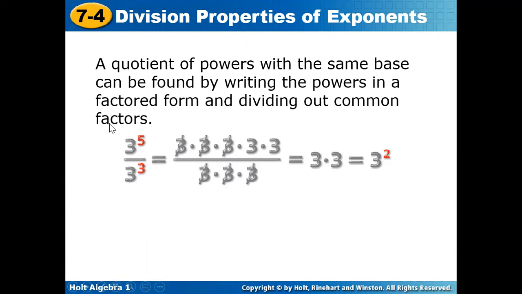And what you've really done is subtracted. So it's the same thing as multiplication. When you multiply, the property is addition. And the division property is subtraction.